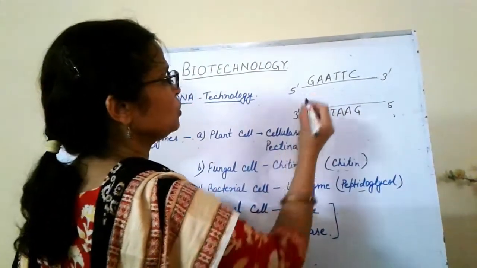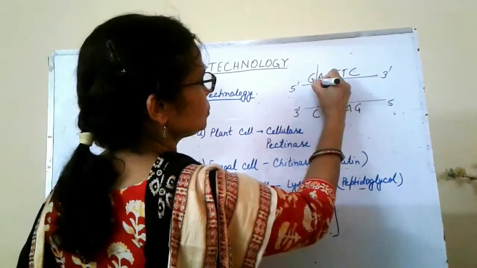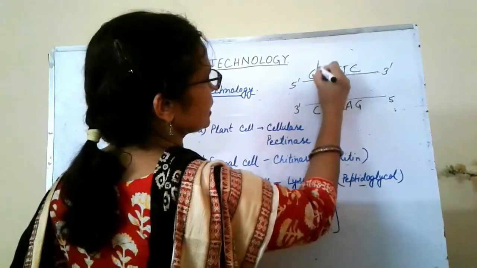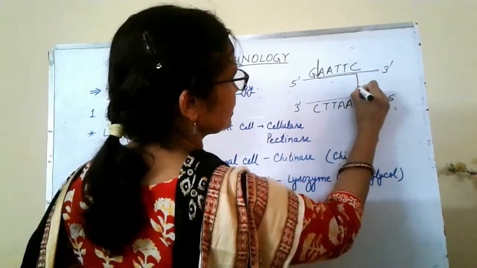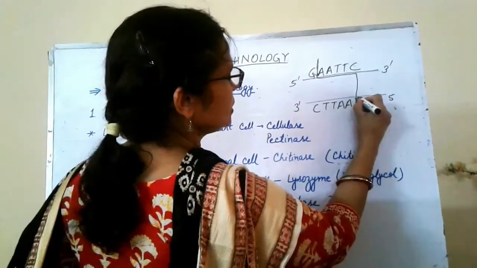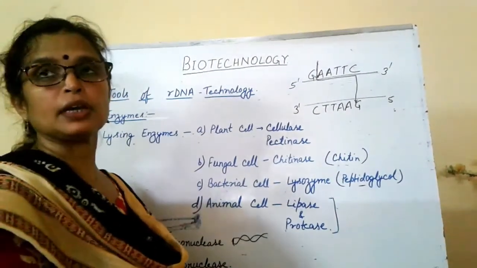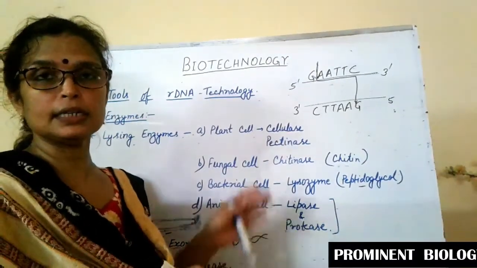The restriction endonuclease cuts the DNA between the same base pairs of the opposite strands. It cuts the DNA from here and then it cuts it here. So this restriction endonuclease is very specific. It cuts the DNA within the DNA segments.